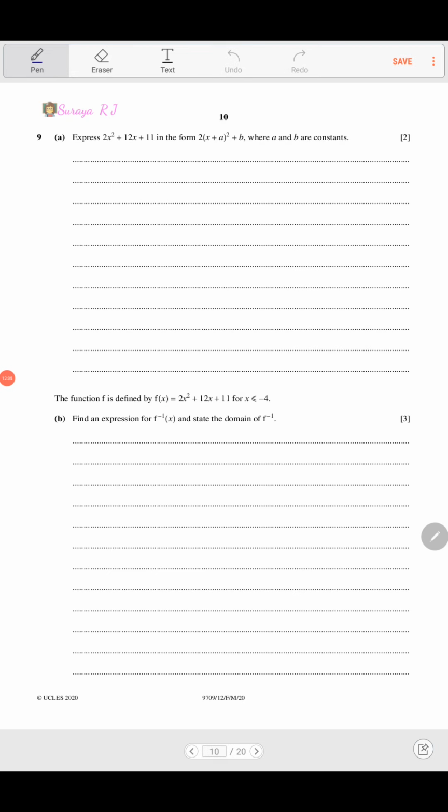Question number 9. Express 2x squared plus 12x plus 11 in the form 2 into (x plus a) to the square plus b, where a and b are constants. This is completing the square.